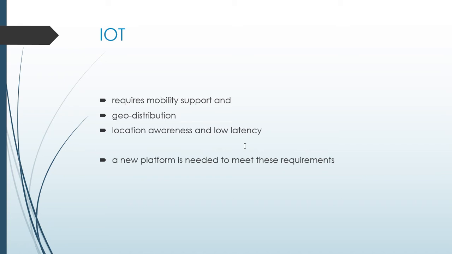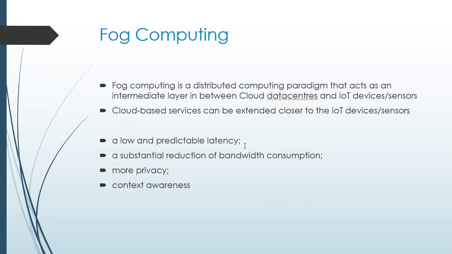That is a new platform that works on top of the cloud, which your IoT devices can talk to. Essentially, fog computing is a network in between your cloud data center and your device. It's called fog because it brings the cloud back to the ground, or you can think of it as bringing the cloud near to your device. With that, you get low latency because it's nearer.